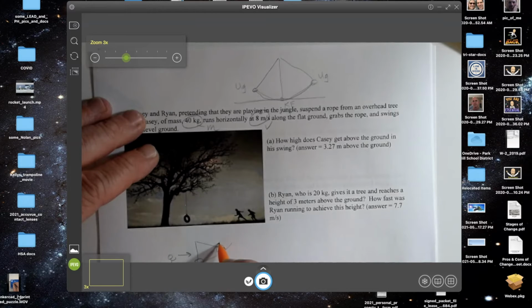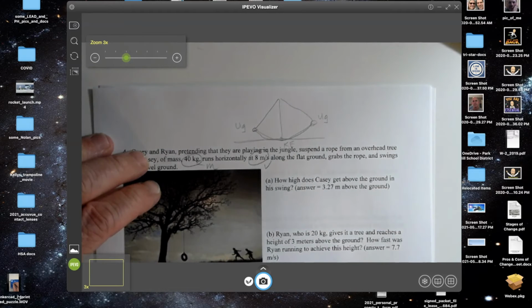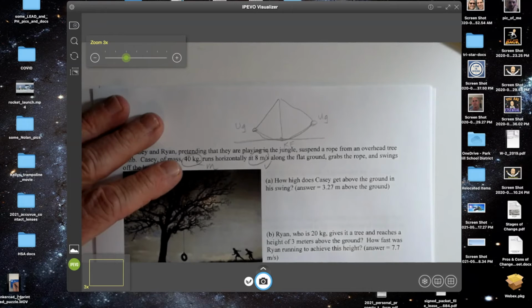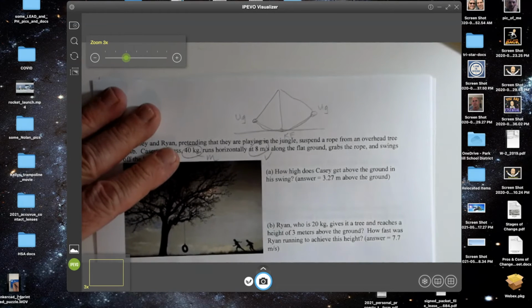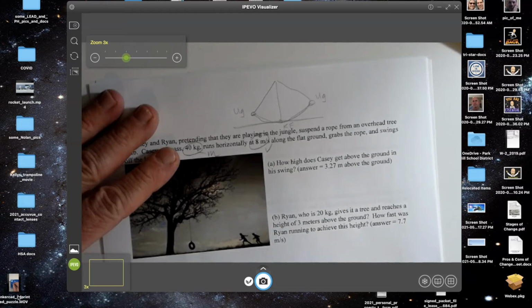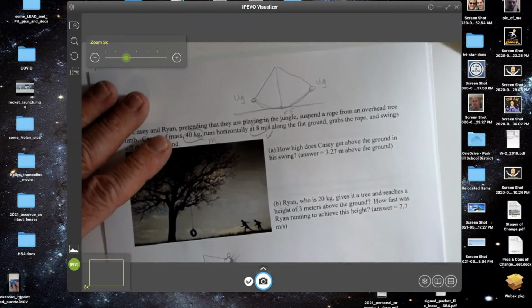And the swing, as he's on it, keeps going up along this arc until he reaches the maximum gravitational potential energy, and his kinetic energy then would be 0. So we have this position here, and if we call this our baseline, then our UG or GPE at this point is 0.